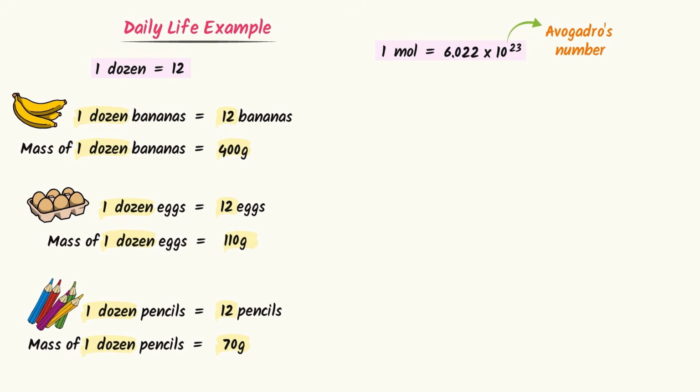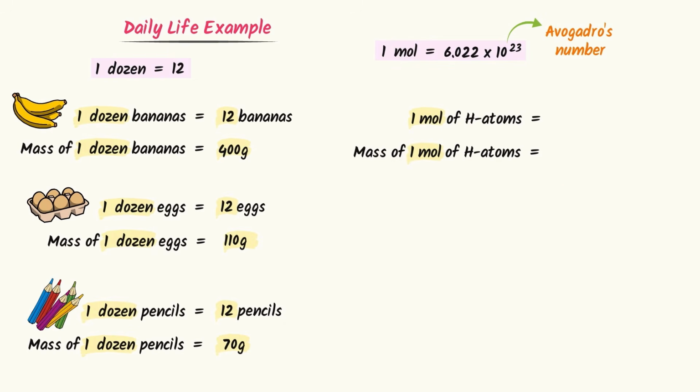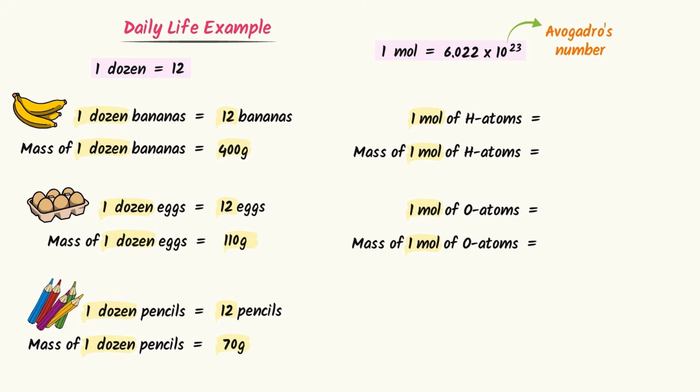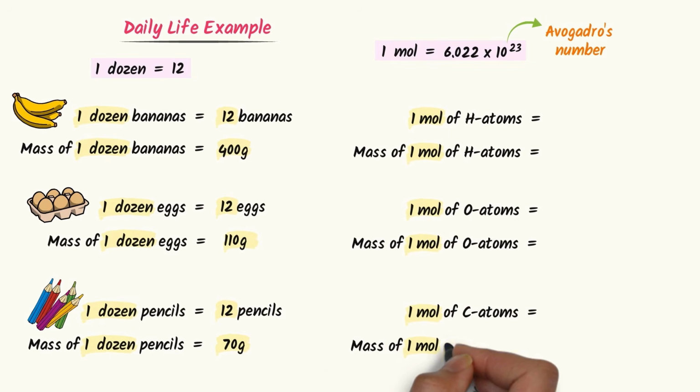Now let me ask you, give me 1 mole of hydrogen atoms, and what is the mass of 1 mole of hydrogen atoms? Secondly, give me 1 mole of oxygen atoms, and what is the mass of 1 mole of oxygen atoms? Thirdly, give me 1 mole of carbon atoms, and what is the mass of 1 mole of carbon atoms?